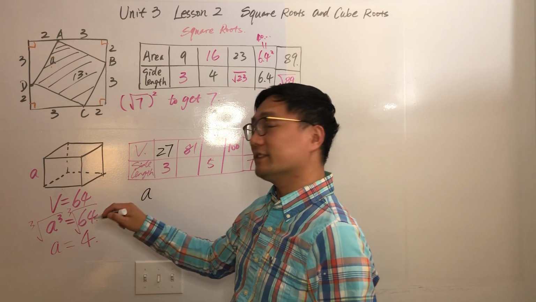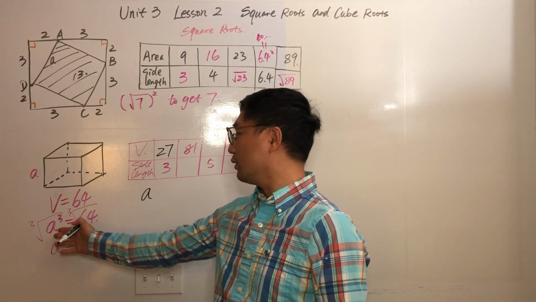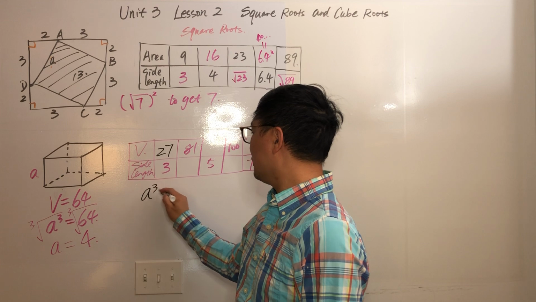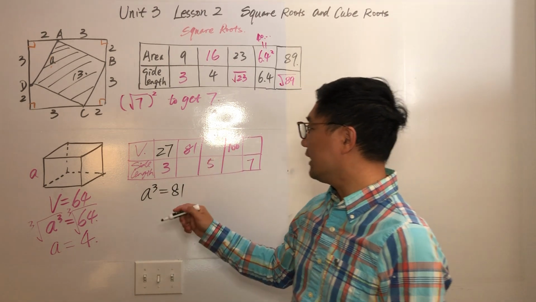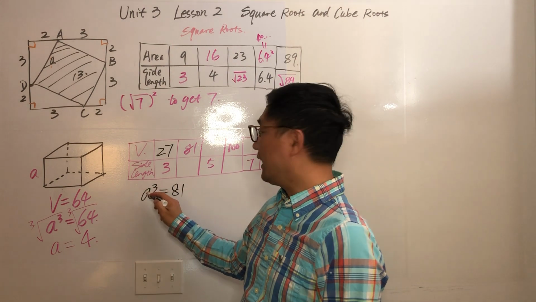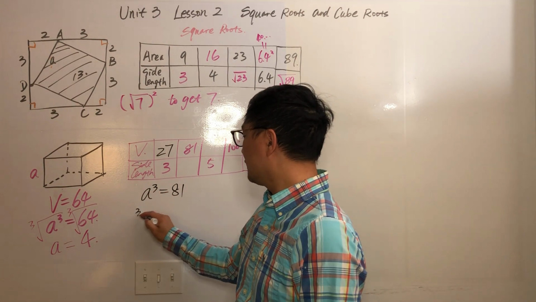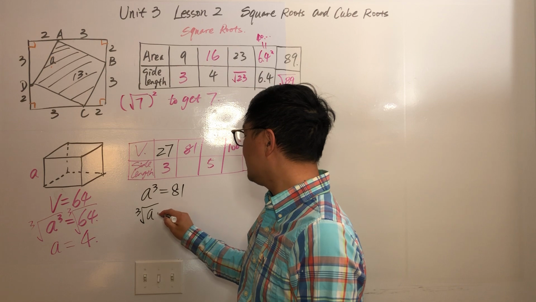You have to set up an equation like this one: A cubed is 81, right? After you cube A, you get 81. To get A, the side length, we take the cube root of both sides.